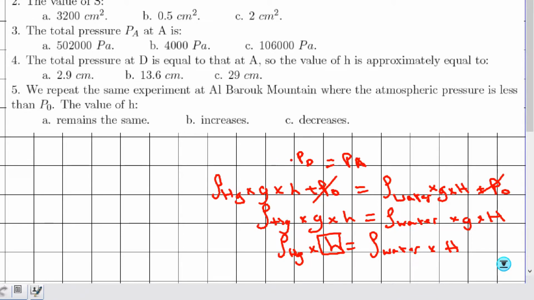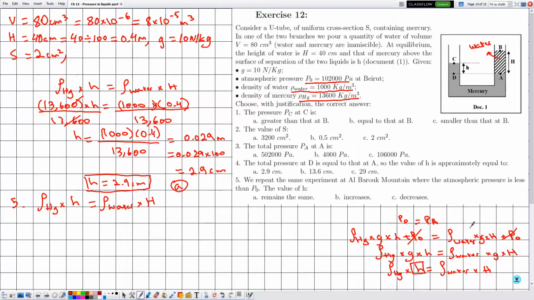Although independently PD depends on P0 and PA independently depends on P0. So here if we need to write the new expression, then it will be given by P prime 0 and P prime 0. But since it cancels out on both sides, then it doesn't play any role in the value of h.